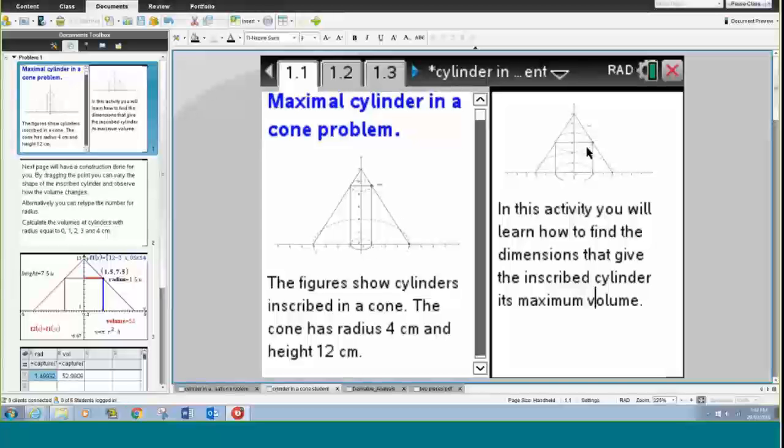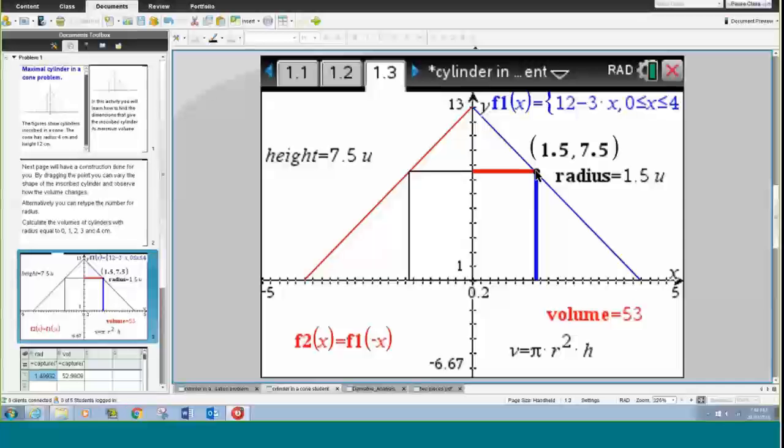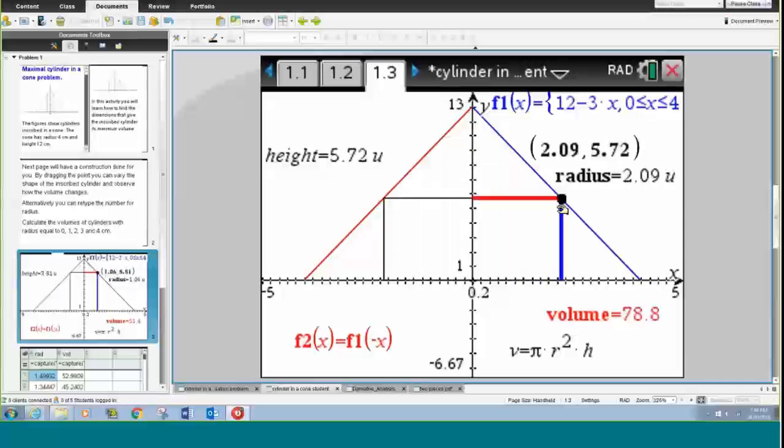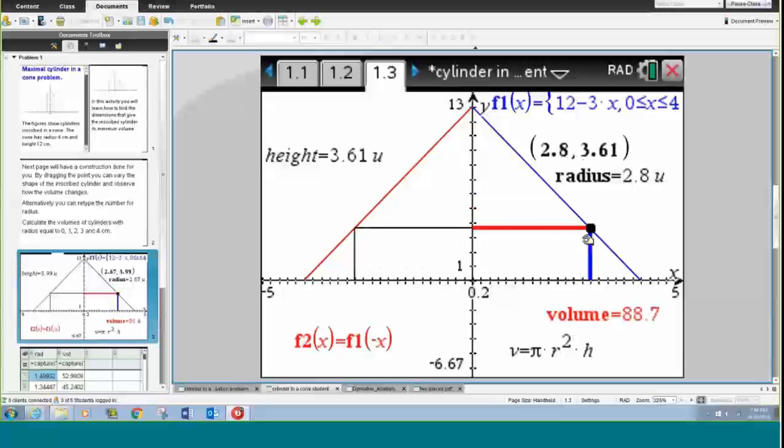For the initial approach, I made a construction where students can calculate the volumes of cylinders with particular radius values. By moving this point, I can observe how the volume changes. If I go 86, 89, and then it drops down.